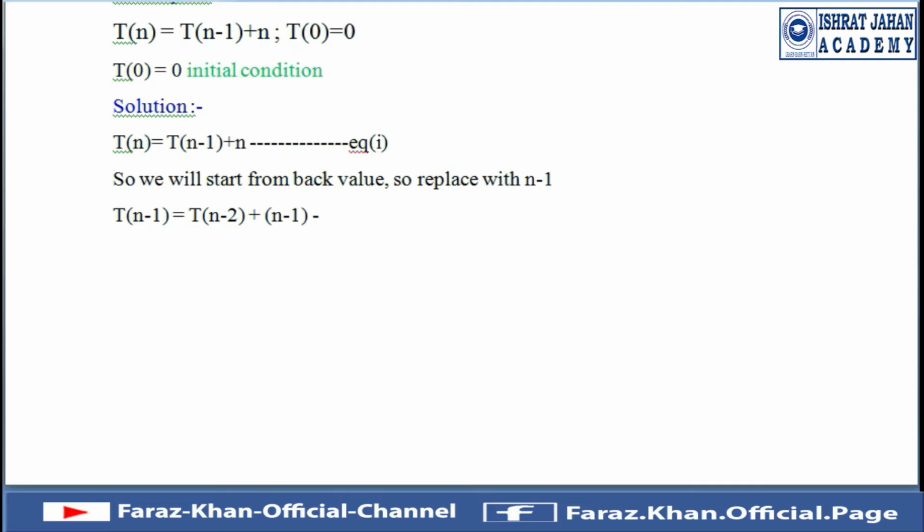We call it equation number 2. What have we done? We started from the first condition, T of n is equal to T of n minus 1 plus n, which is our equation, and this is the initial condition. So we call it equation number 1.